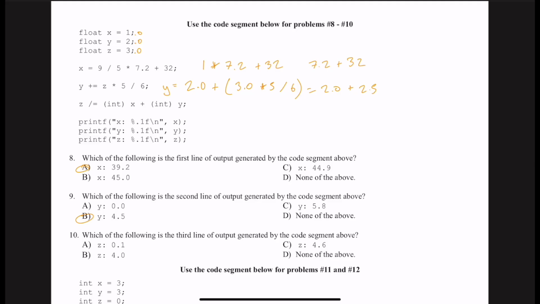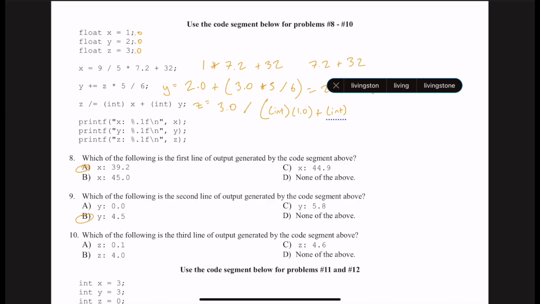All right, now moving on to question 10. What is z? Well, z equals the current value of z, so 3.0 divided by x cast to int. Excuse me, that should be 39.2.